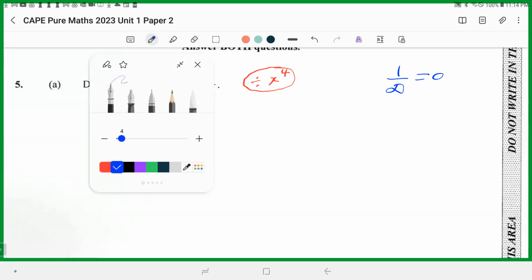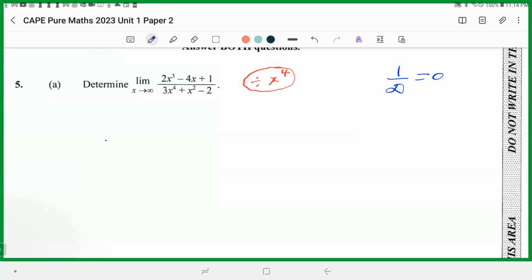So my limit becomes the limit as x tends to infinity. This, when I divide by x to the fourth, becomes 2 over x. By this one, it becomes negative 4 over x cubed. Plus, this becomes 1 over x to the fourth, which is 0.